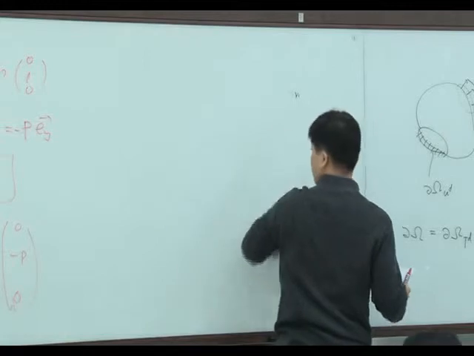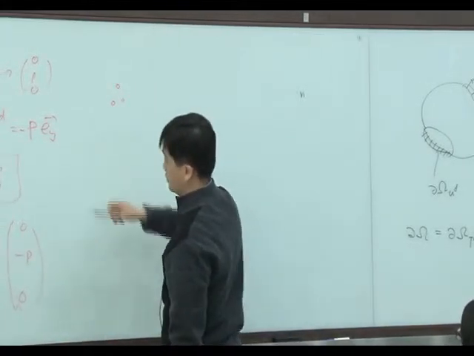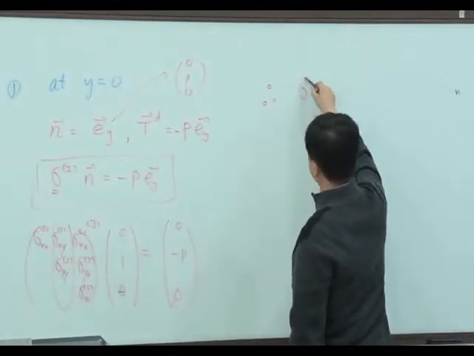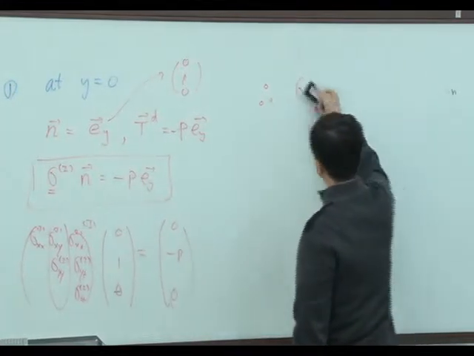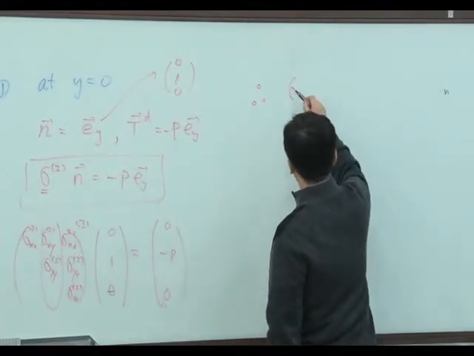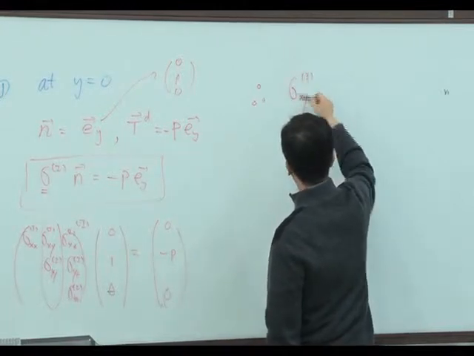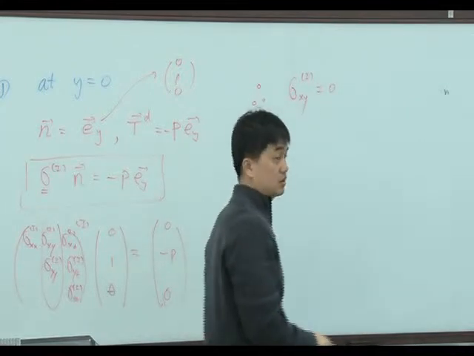So for all of these equations, we have stress yy, xy. Stress xy over soil layer 1 equal 0, right?